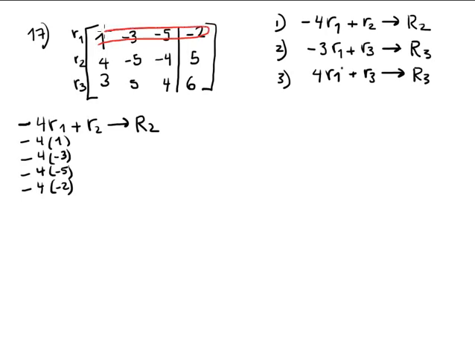Plus the elements in row 2. Row 2 is this: 4, negative 5, negative 4, and positive 5.